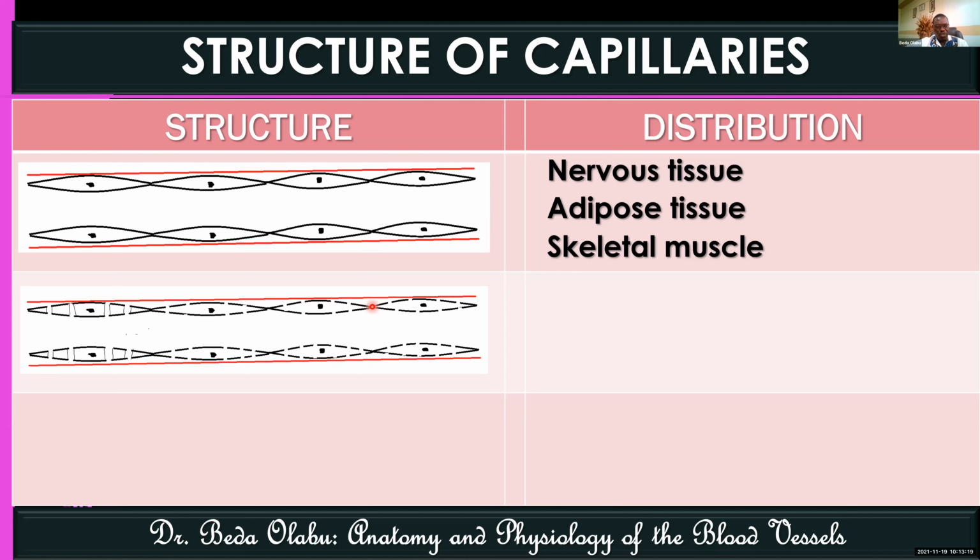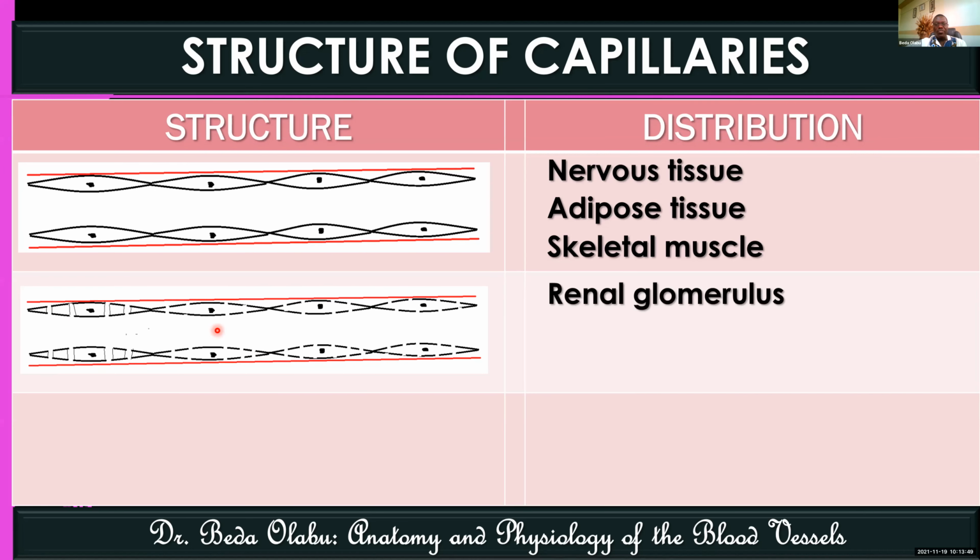There are no gaps between endothelial cells. But we see gaps through the endothelium. The endothelial cells have some holes through them. These holes are known as fenestra. The term fenestra means window. So capillaries that have windows through the endothelial cells are known as fenestrated capillaries.